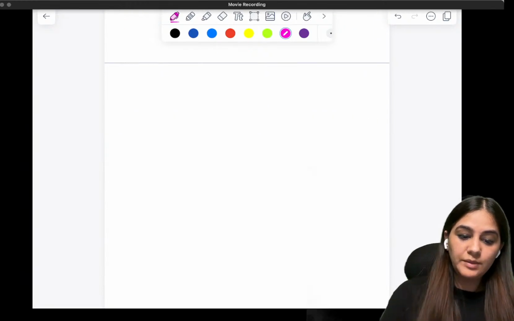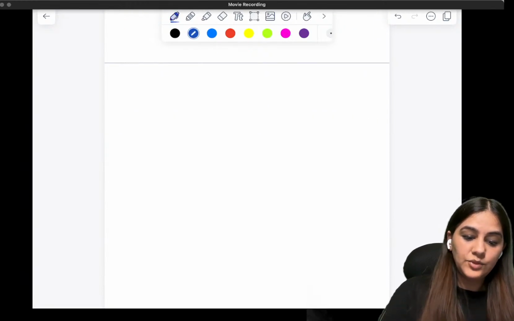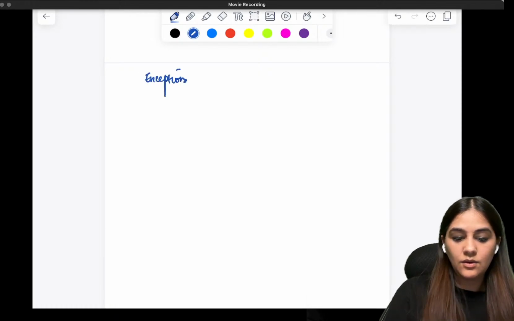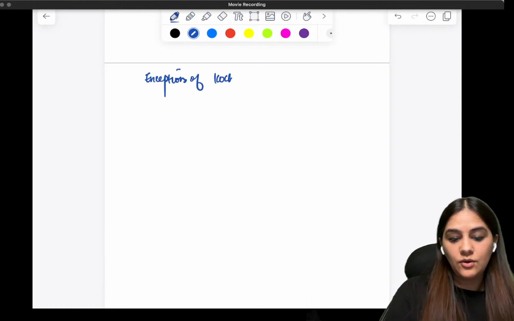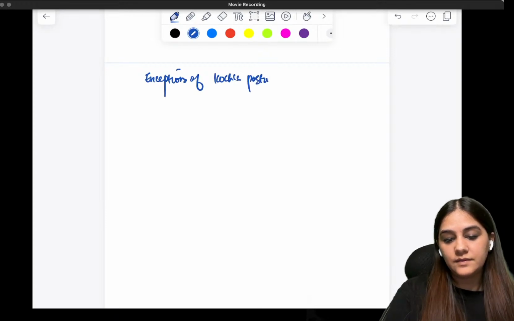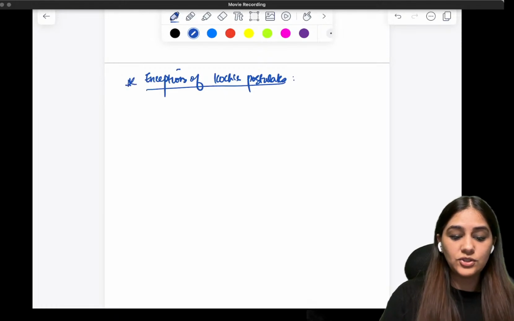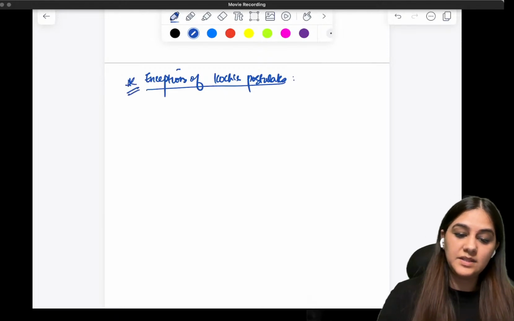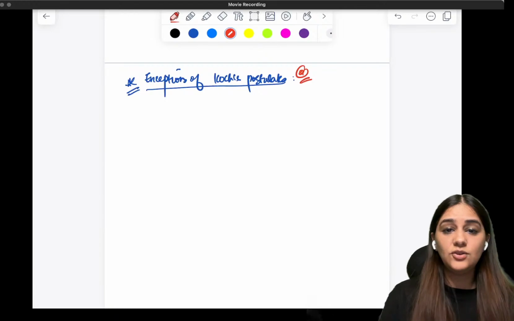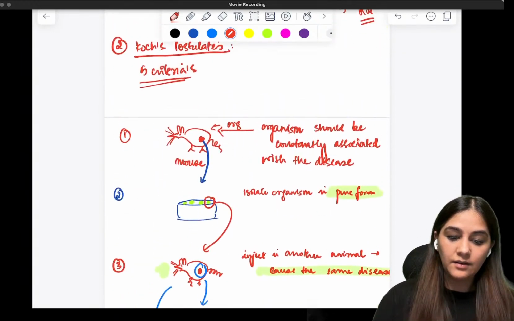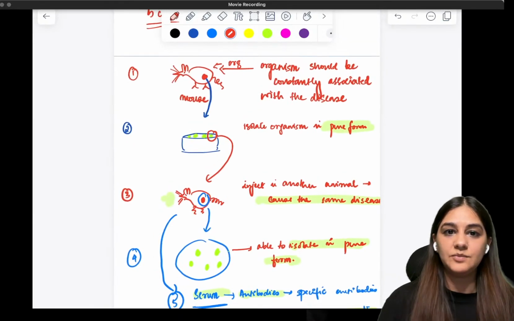Now I want you to remember one thing, which is the exceptions of Koch's postulates. This is very, very important, because this can come as an MCQ. This comes as an MCQ very commonly. So what is the time when Koch's postulate can have an exception?